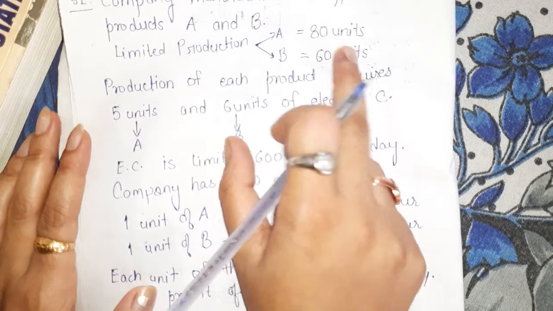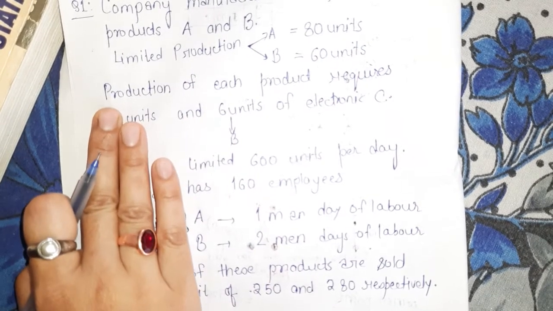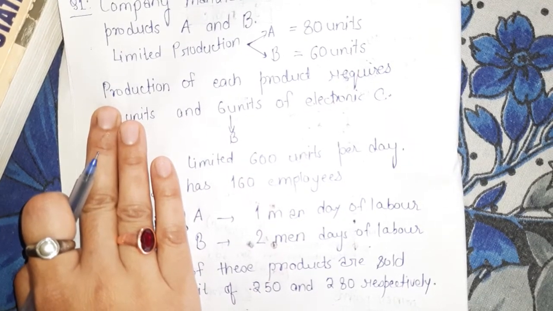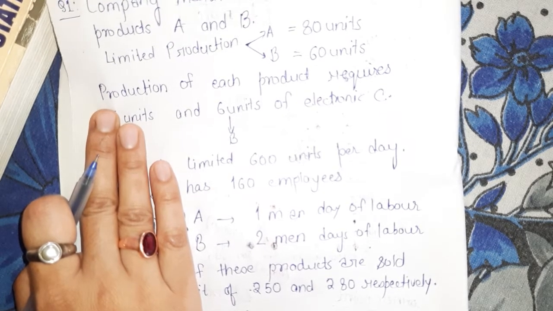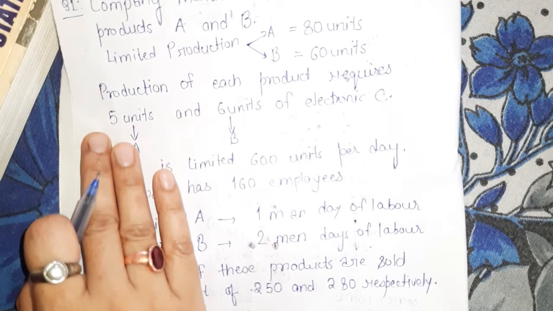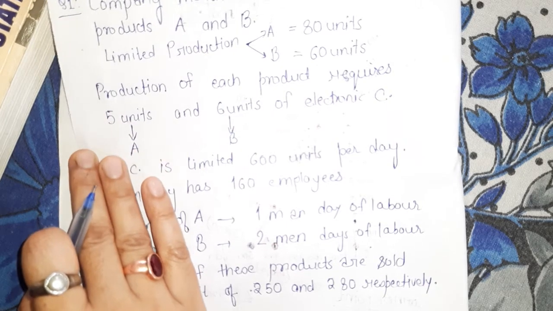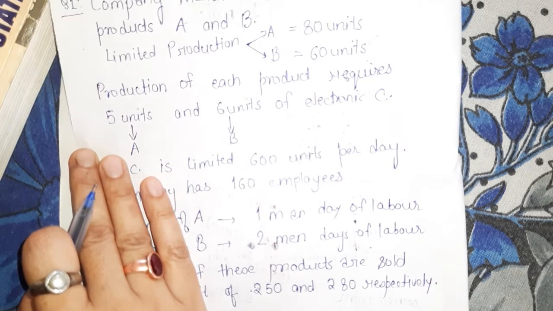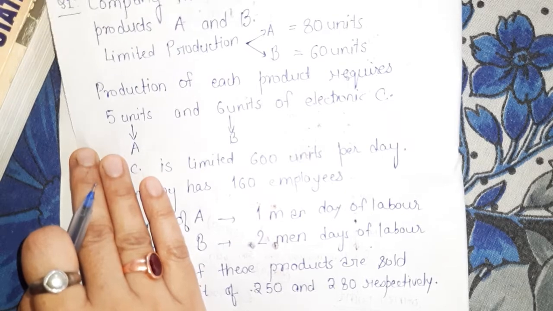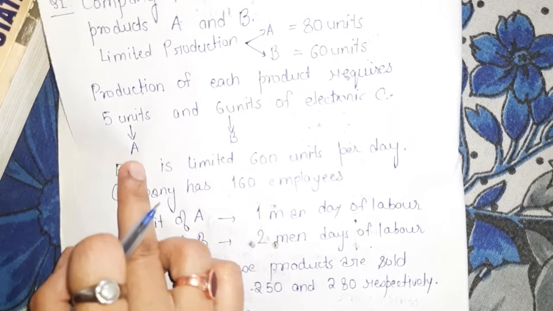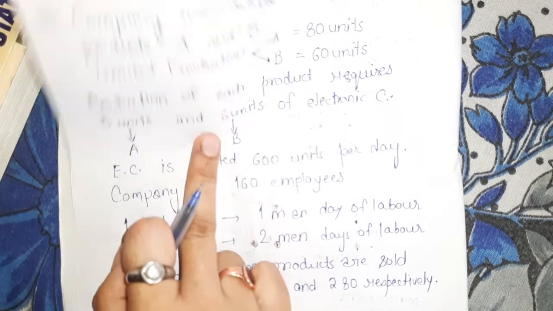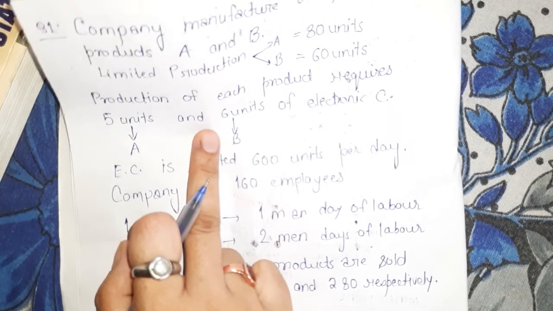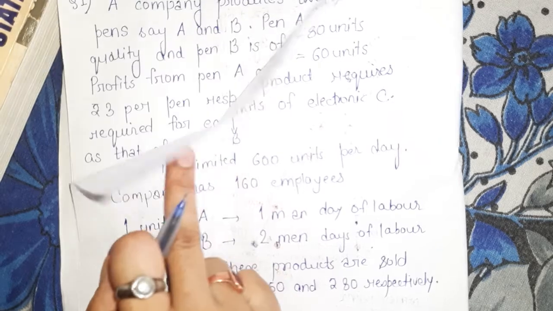Means there are two products, and the products have limited production. For type A you can produce 80 units, and for type B you can produce 60 units. After that they require electronic components, and one unit of product A requires 5 units of electronic components, and product B requires 6 units of electronic components.